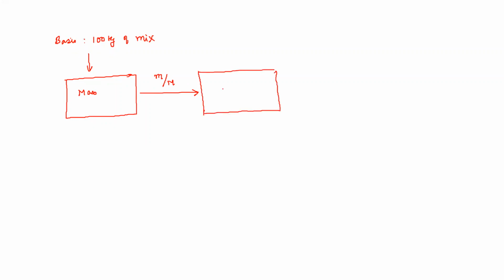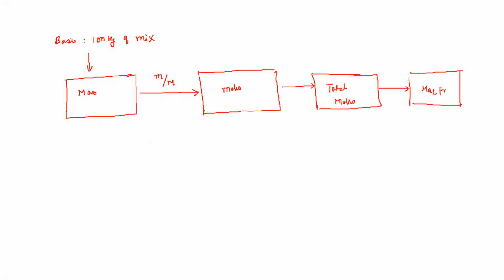After that, from moles, you are going to calculate total moles. And then you're going to calculate the mole fraction. So we know that mole fraction is equal to individual mole upon total moles. All right.